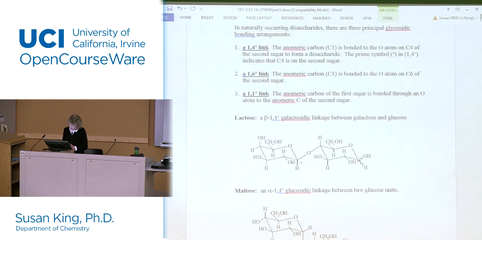So we have 2 anomeric carbons here. Anomeric carbon is an acetal here. So it's a glycoside. We have a second anomeric carbon because we have a second sugar. Here's our second anomeric carbon. It is a hemiacetal.